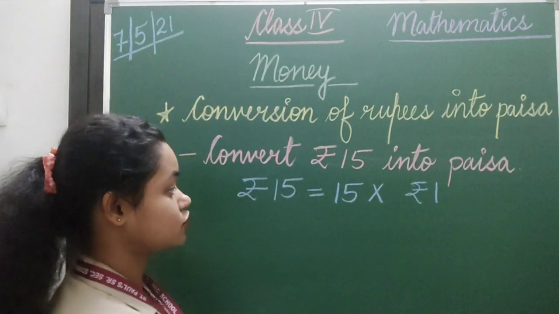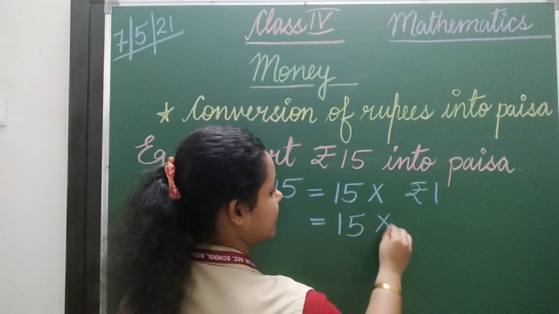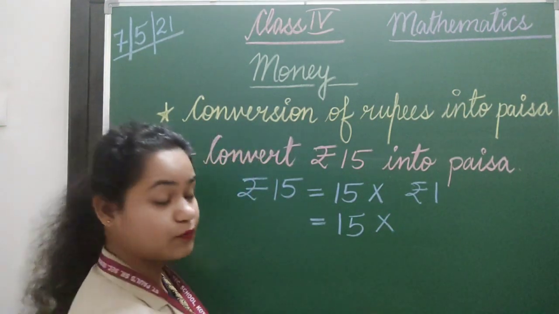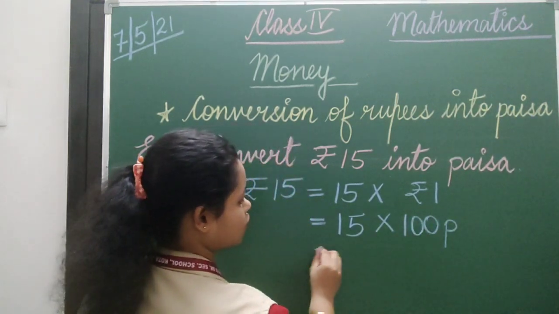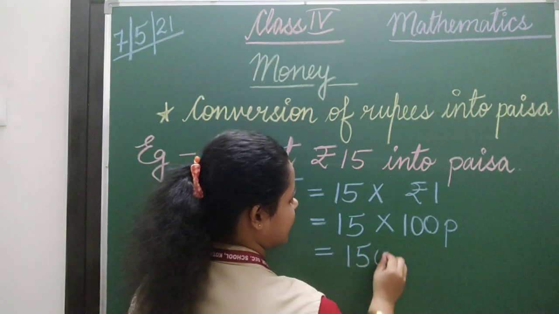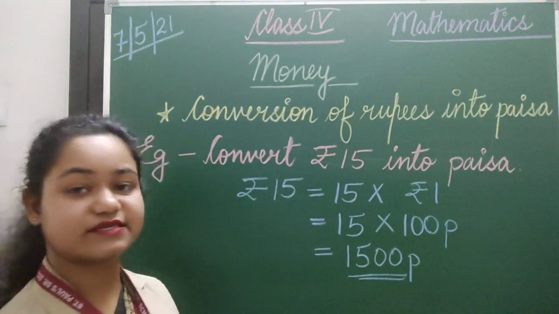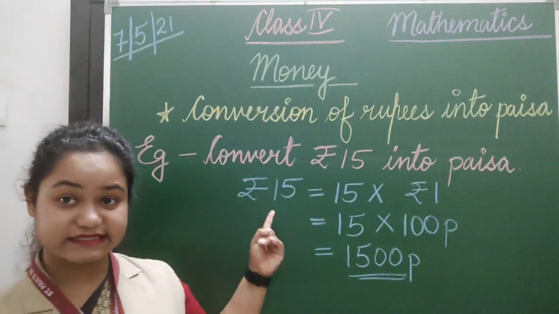So 15 multiplied by 1 rupee is equals to how many paisa? 1 rupee is equals to 100 paisa. So 15 into 100 is 1500 paisa. So this is your answer. Understood?